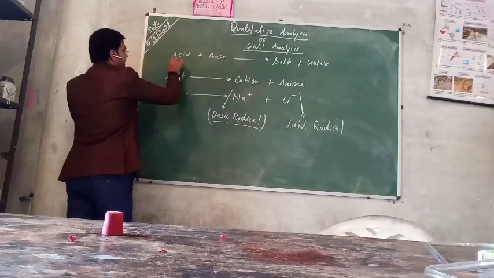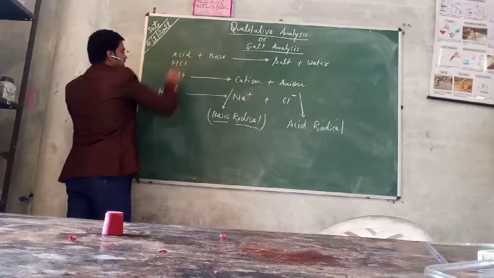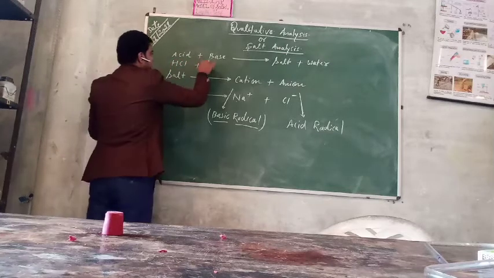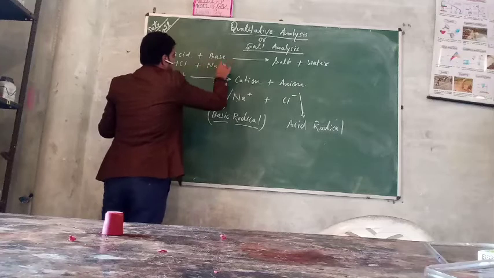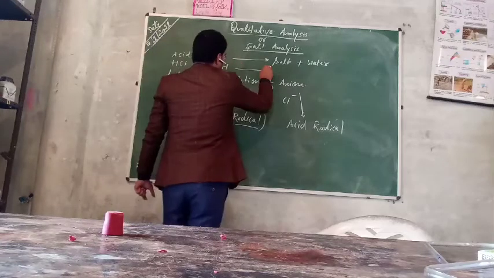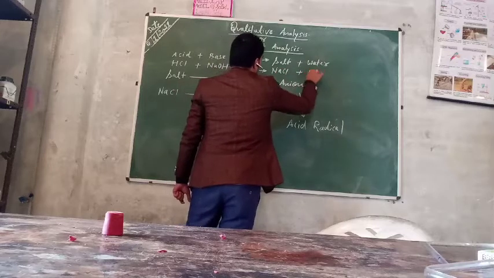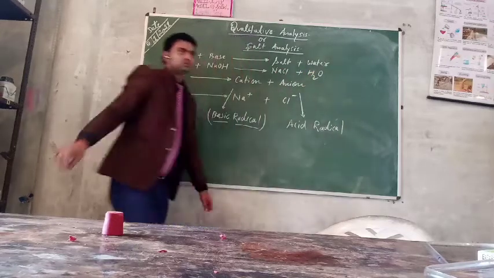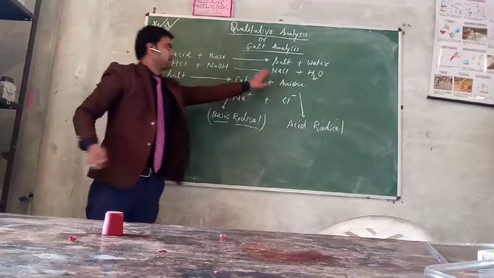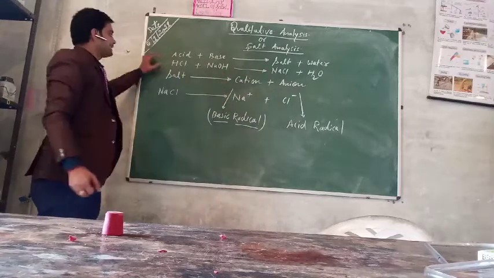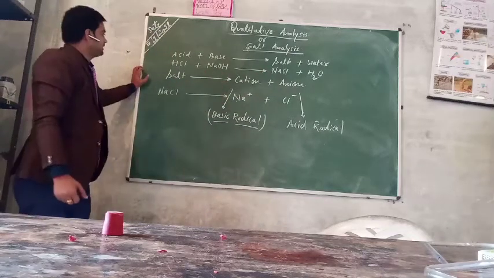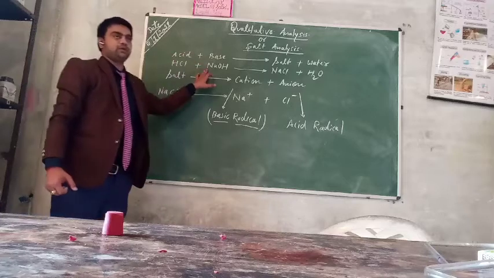That is, when the acid, HCl, and the base, NaOH, react with each other, we get the salt NaCl and the water H2O. So this salt, NaCl, is formed by the reaction between HCl and NaOH.